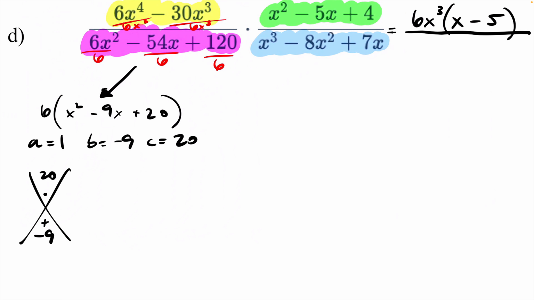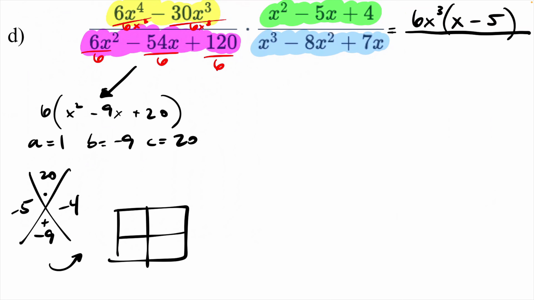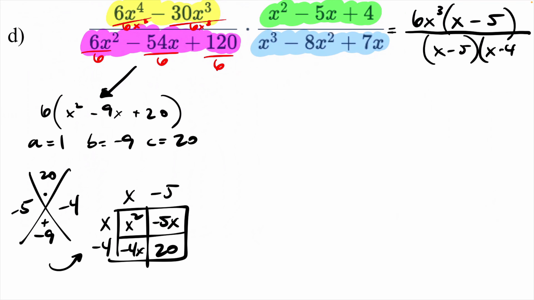Two numbers that multiply to be 20 and add to be -9: -5 and -4. Yep. Minus 5x minus 4x plus 20. So we get x minus 5 and x minus 4. But I don't want to forget my GCF as well. I want to put that there too.